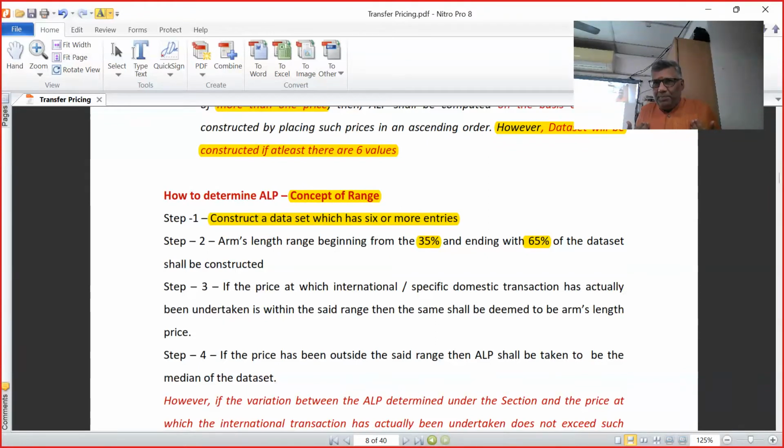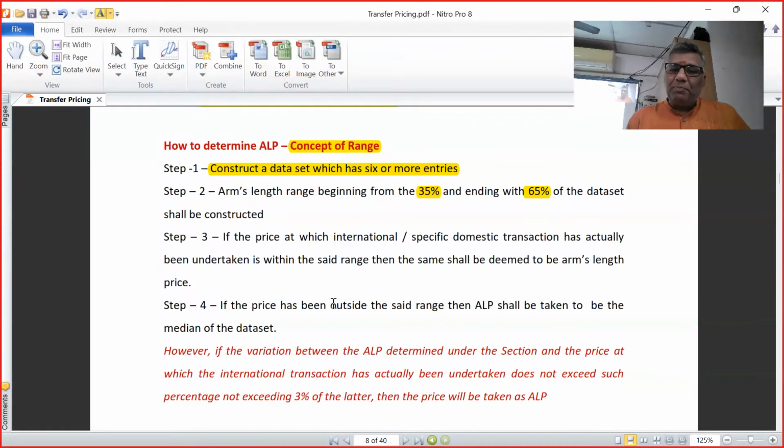If the price at which the transaction has actually been taken is within this range, then the same will be deemed as the ALP. If the price is outside the said range, then the ALP shall be taken at the median value. I am teaching the theory now.